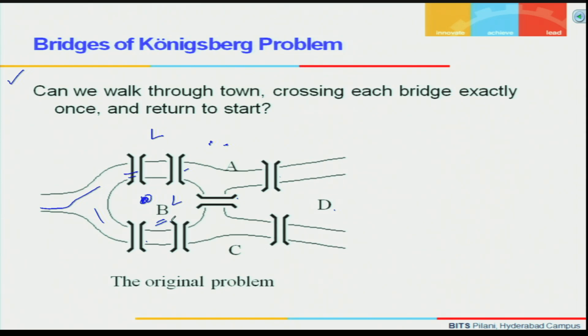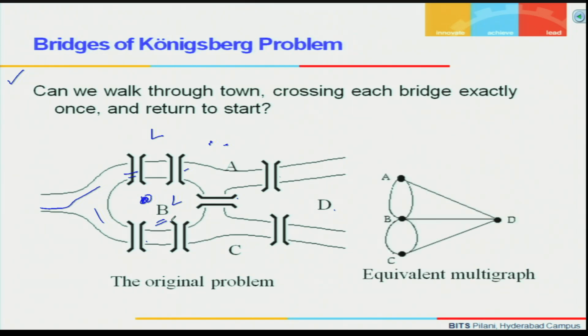This is the problem pondered for quite some time, and finally Euler is the guy who could solve this problem, and in fact he said it in a negative way. And if you actually translate the whole problem into a graph theory problem, it is something like this.